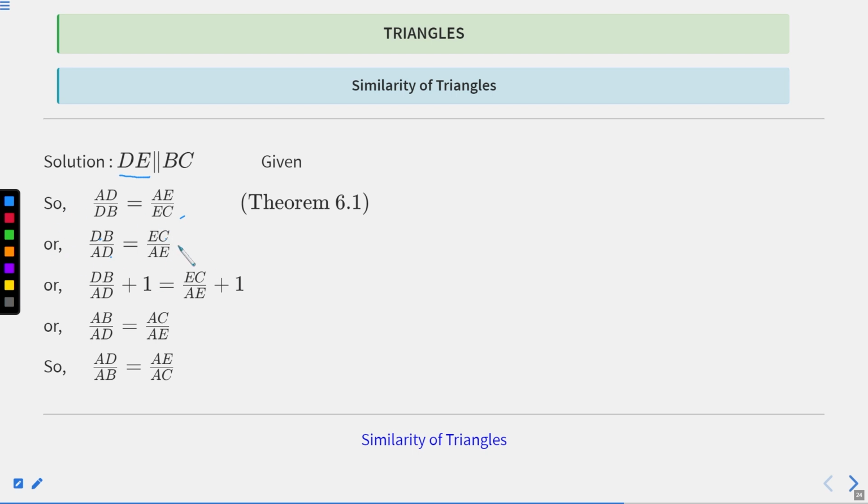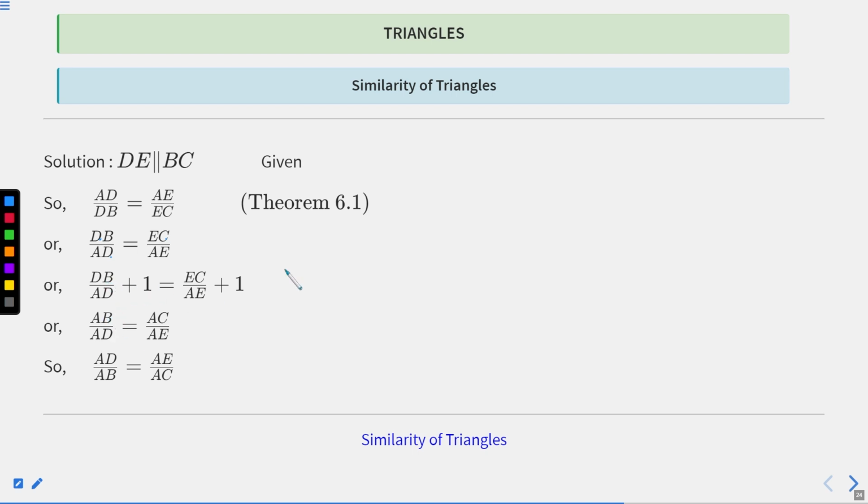Actually, we take the reciprocal of the above equation. Now if we add 1 on both sides, then we get DB over AD plus 1 is equal to EC over AE plus 1.